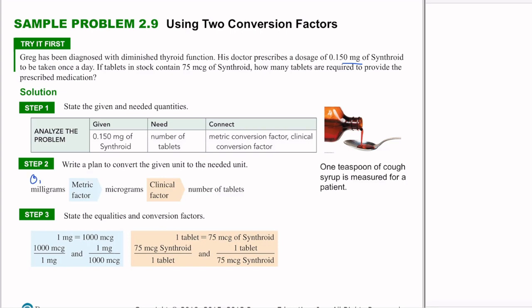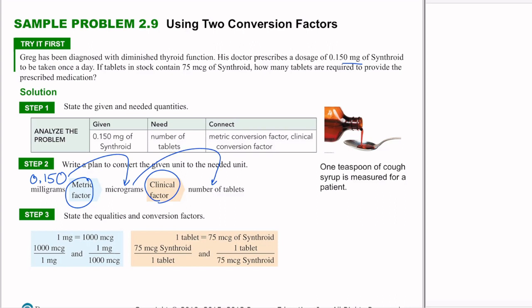We have 0.150 milligrams of Synthroid. We need to first use a metric conversion factor to convert milligrams to micrograms. Once we have micrograms, we can use the clinical factor to convert micrograms to numbers of tablets.